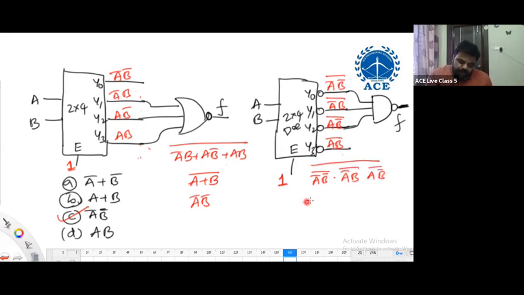Then what we get here? A bar B bar plus A bar B plus A B bar. A bar is repeated, B bar is repeated. A bar plus B bar. This way we can get questions. Just look at these. You may be getting right ideas. How can we get questions in objective exams as well as conventional also. Your wish. Whichever is comfortable to you, you can use that.